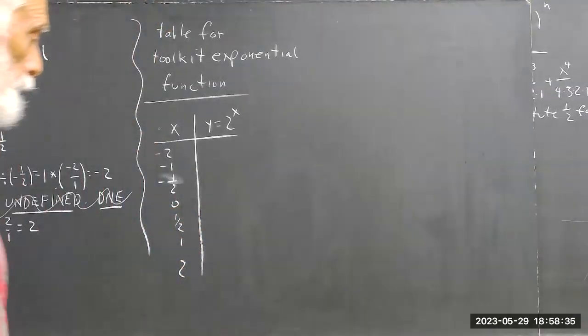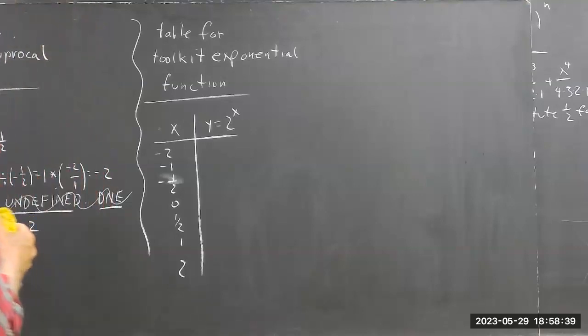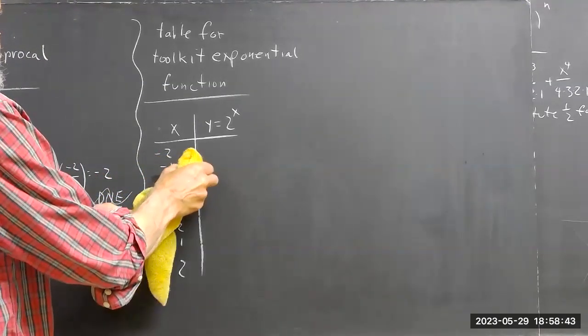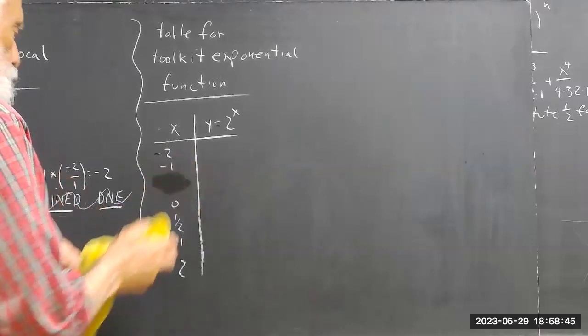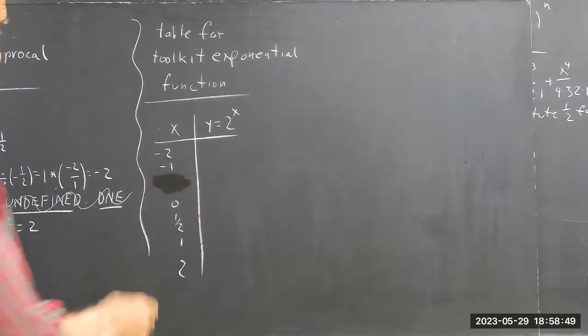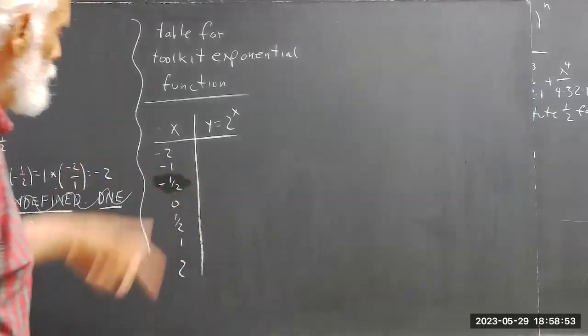Now, there are several hangups that can occur with this basic exponential function, just like you had a hang up that occurred with the basic Toolkit reciprocal function, that you couldn't evaluate it at x equals 0.